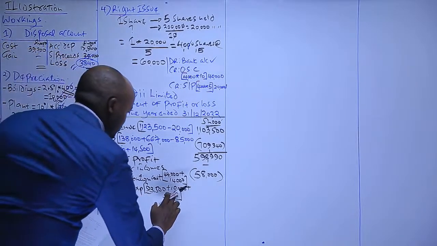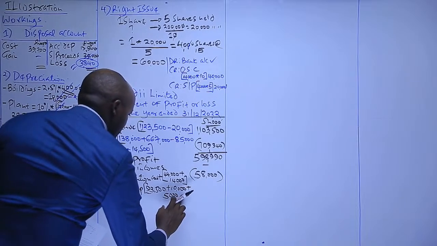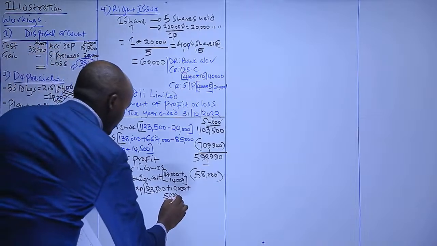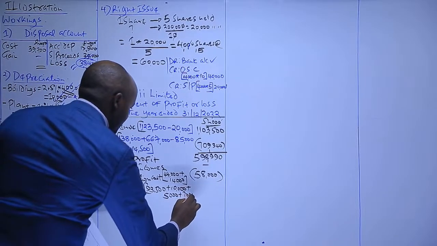There is something we also need to remember to include here. There was this bad debt which was to be written off and which related to the current financial year. The amount is 7,000. We said it should also be part of administrative expenses. Yes.